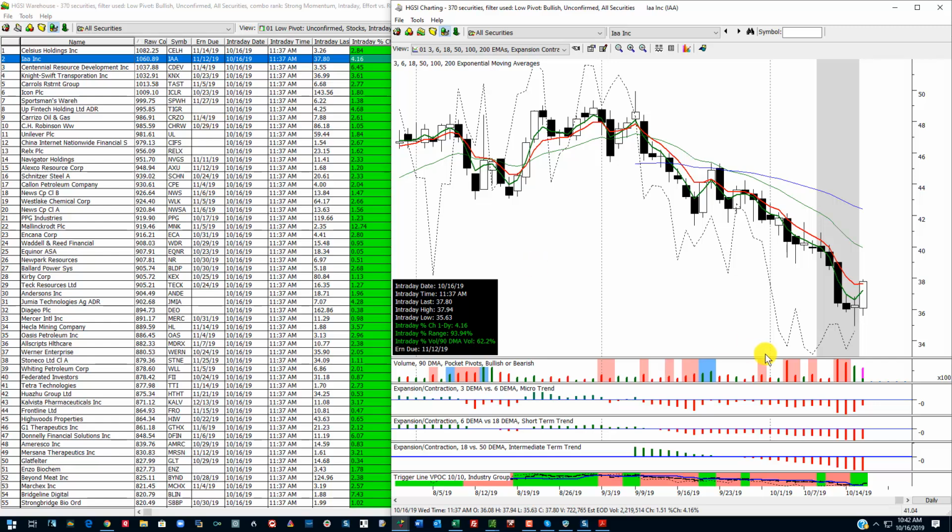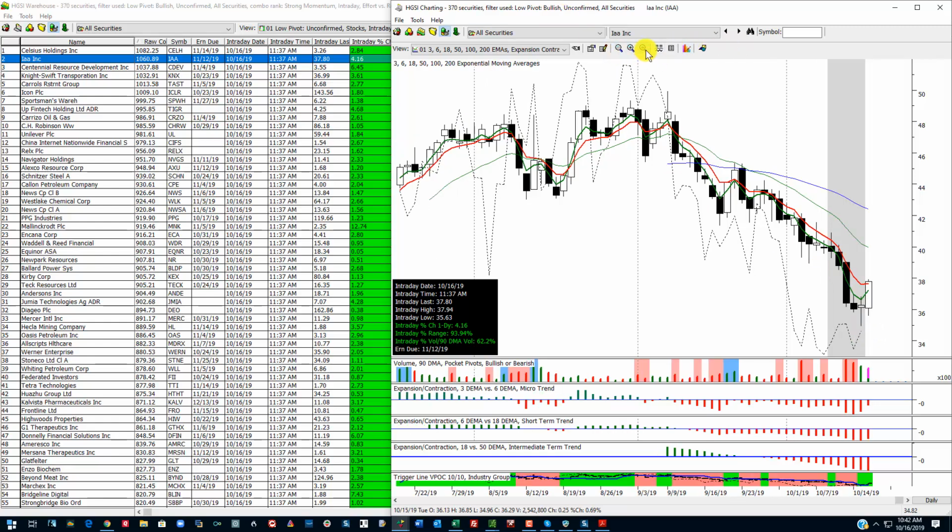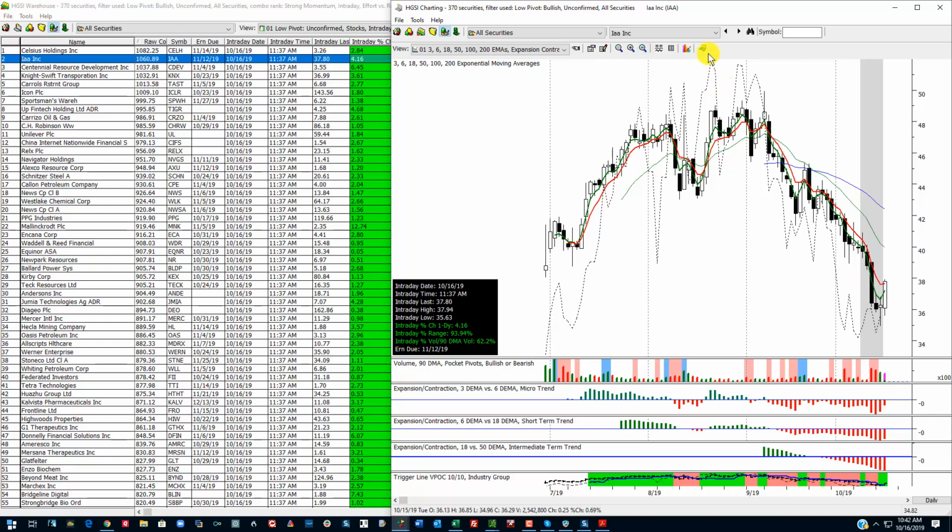Let's look at one more here, and this is another stock that's in a downtrend. This bar represents an oversold condition. This candle shows that there was buying. This must be a relatively new issue because I'm not getting any VPA flags on it.